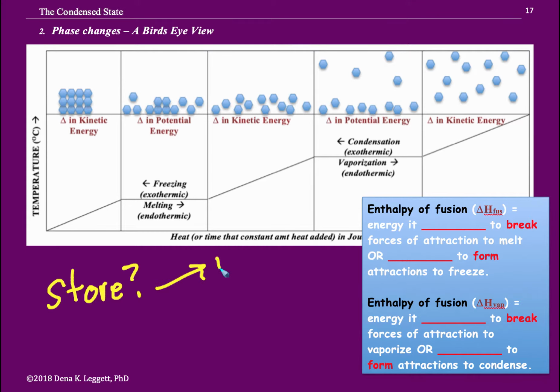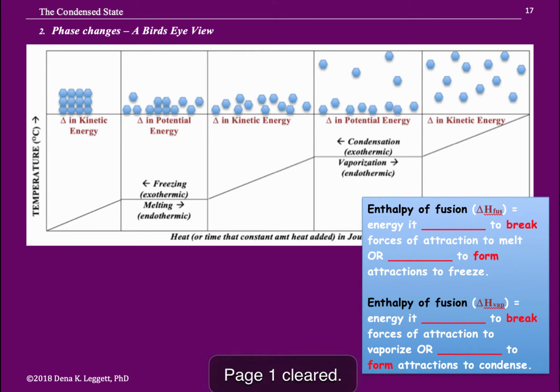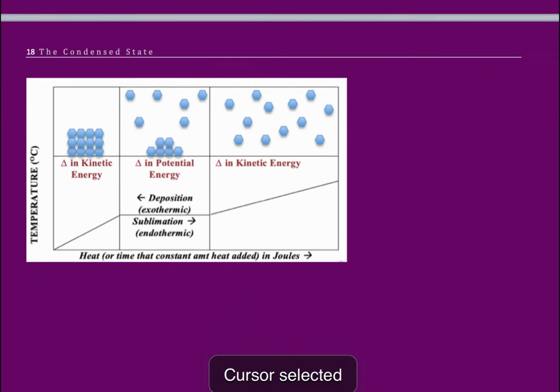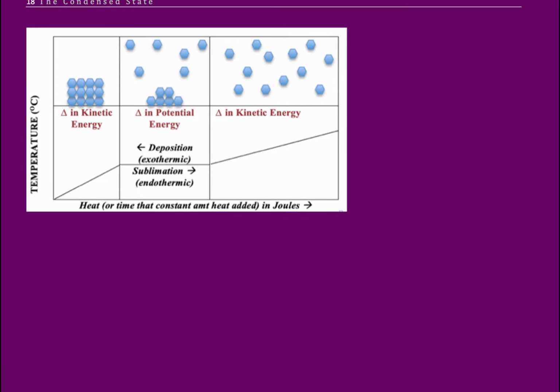If the answer is yes, that means it needs the heat supplied and it's endothermic. If the answer is no, it doesn't like having that heat supplied, it's exothermic. But what about the other 2 phase changes? We have 2 more phase changes, and that's going directly from a solid to a gas, or back.